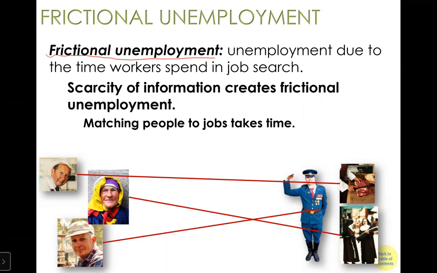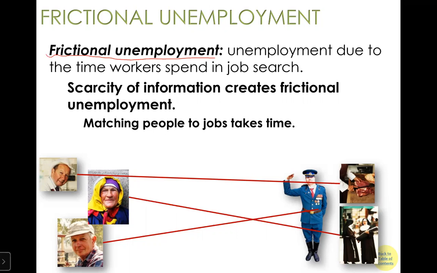If somehow you had all the information about all the jobs, and you could process all the information instantaneously, then you could immediately send your job application to the right jobs. And also if the employers knew everything about you, about everybody, they could immediately make the decision to hire the ideal candidate. But in reality, it's not the case.